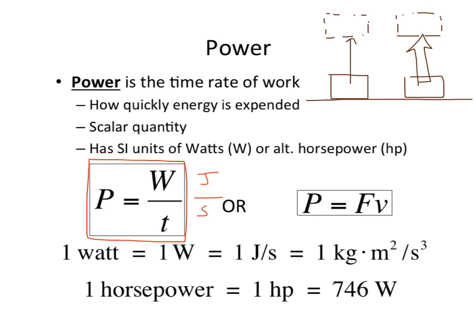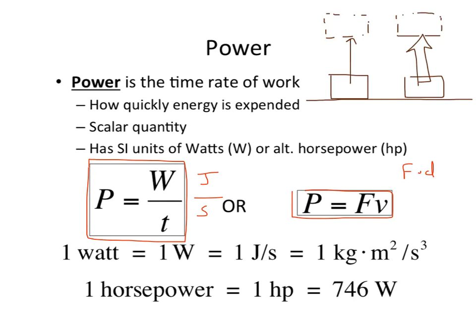It's also known as force times velocity. You could think of power as force times velocity as well. Well, why on earth does that work? Remember that work is force times distance.